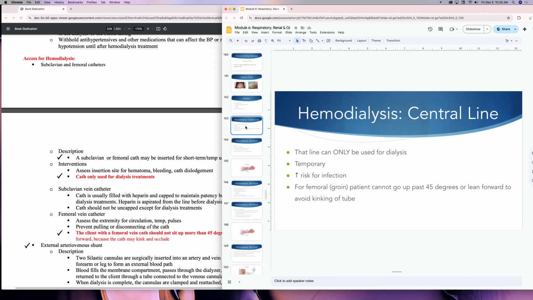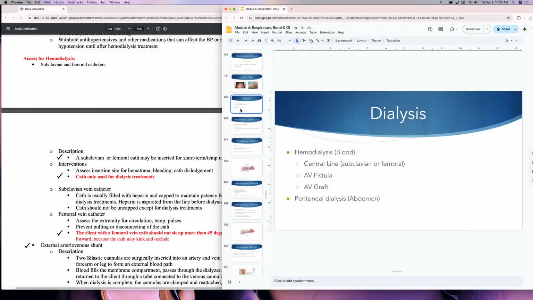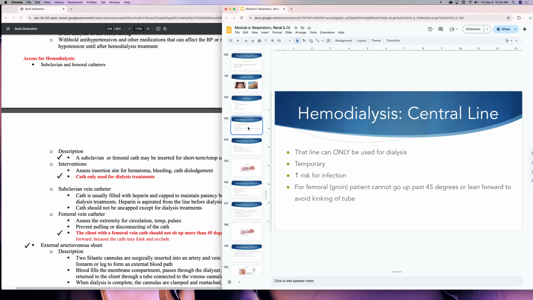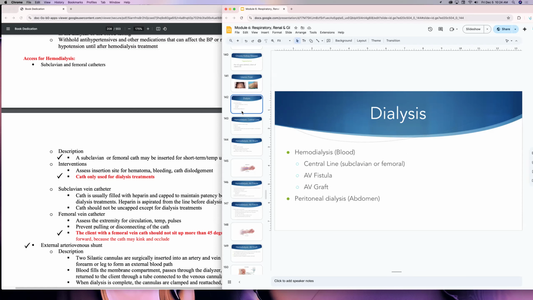So if they put a central line, let's say in the patient's chest, because central lines, you can do subclavian or you can do femoral, okay? Central lines for dialysis, subclavian or femoral. And I'm sure there's other options, but those are two common places.